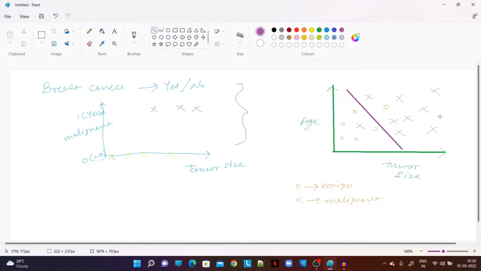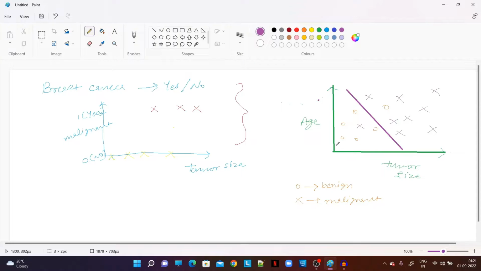So as the number of features increases, this space also increases. This is a 2D space; suppose there were 3 features, then it would become 3-dimensional, 4-dimensional, 10-dimensional, and hundreds of dimensions. In a similar manner, there would be a dividing boundary that will help us determine the threshold which will let us know whether it is a benign cancer or a malignant cancer, or any other type of classification problem.